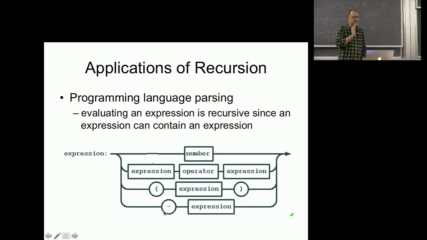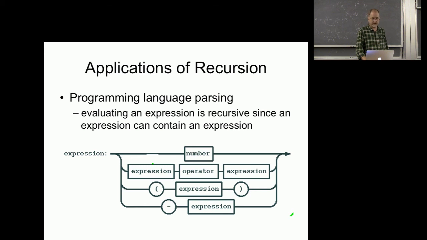We see this in things like programming languages. When we talked about an expression in Java, we said an expression can be a number, or an expression plus an expression, or an expression in parentheses, or the negation of an expression. Notice how expression shows up both here and in the definition of itself, right? So it's a recursive definition of expression. Again, it helps you clarify how you think about expressions in Java.